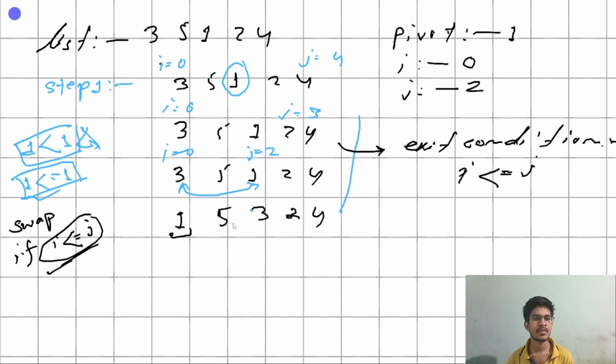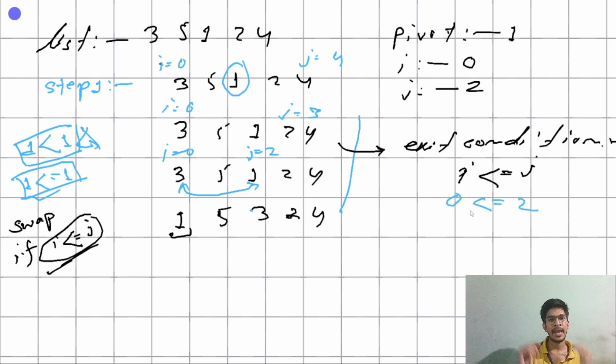But the algorithm doesn't know that the pivot is at the correct position. How could it know? Because the exit condition hasn't been satisfied till now. I is 0, and less than or equal to 2.